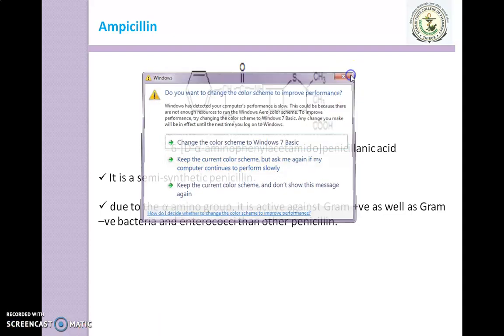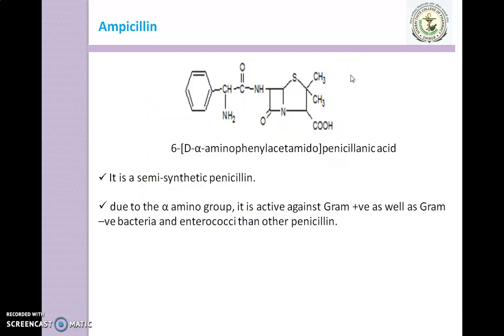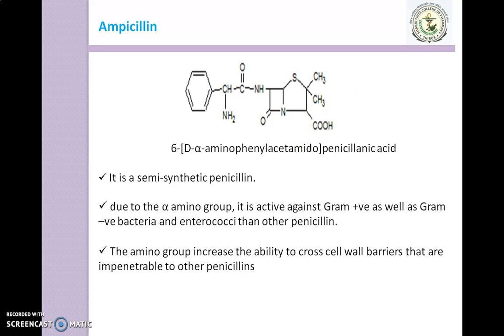As it is active against both gram-positive and gram-negative bacteria, it is an example of a broad-spectrum antibiotic. The amino group increases the ability to cross cell wall barriers that are impermeable to other penicillins. Ampicillin is water soluble and also stable in acid.